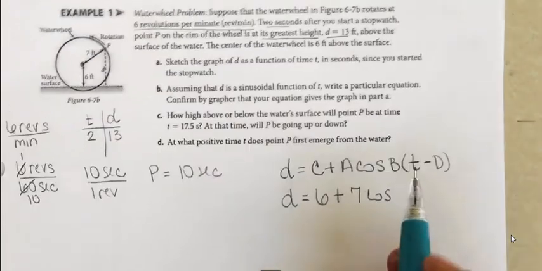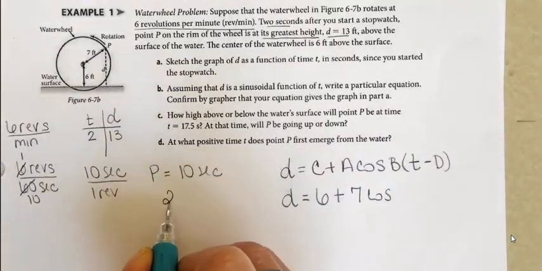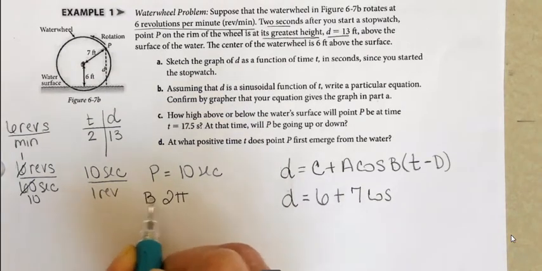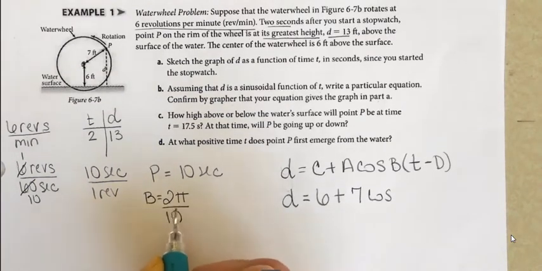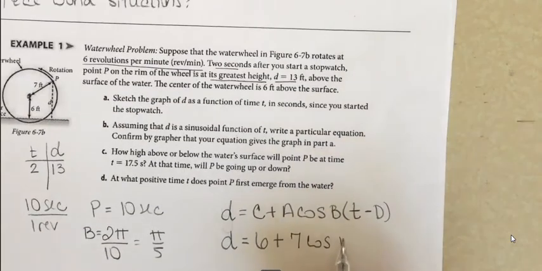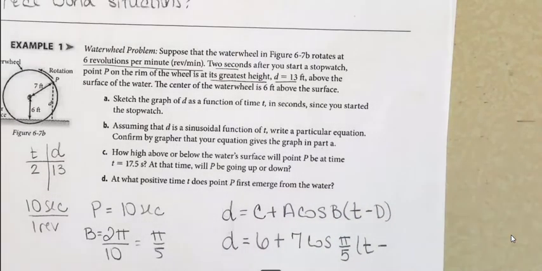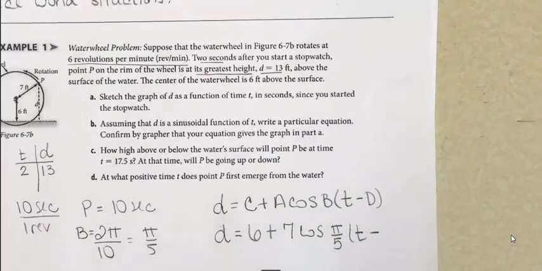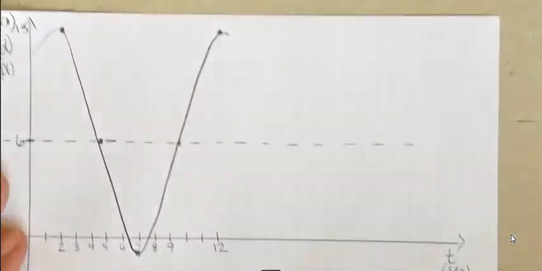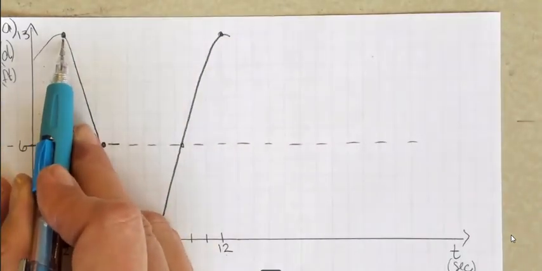To find B, that's going to basically be 2 pi over my period, or pi over 5. And then my horizontal translation was 2 seconds.